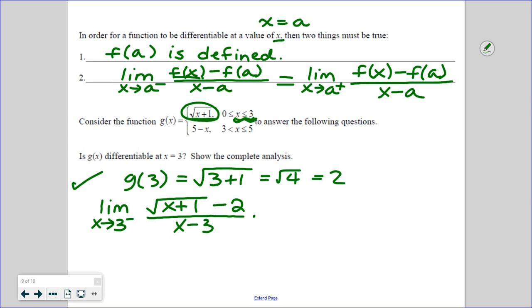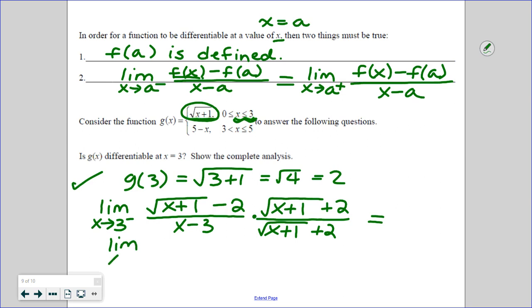But we could try multiplying by the conjugate over itself. So if we do that, then this is going to become the limit as x approaches 3 from the left of, multiply straight across in your numerator, we're going to end up getting x plus 1 minus 4, all over, and then don't multiply out the denominator.